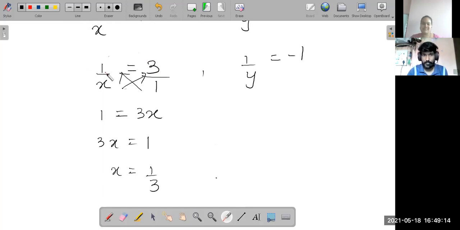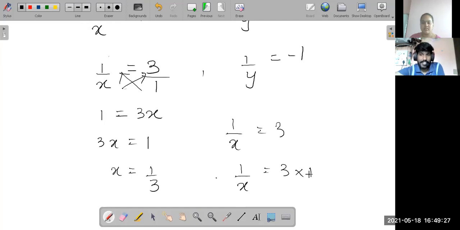You mean that 1 upon x is equal to 3, so take 1 on the other side and x remains as it is, so 3 into 1. No, this is incorrect. Firstly, because this is an entire fraction. Secondly, just the numerator cannot be taken on the other side. You have to work with the entire fraction. That's the mistake that you're making.